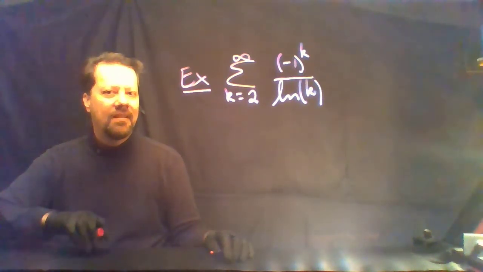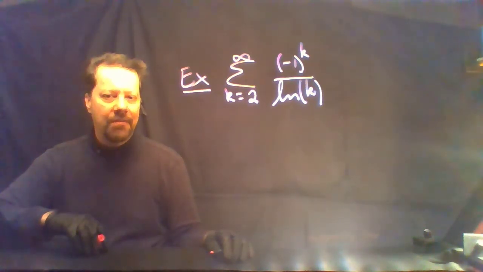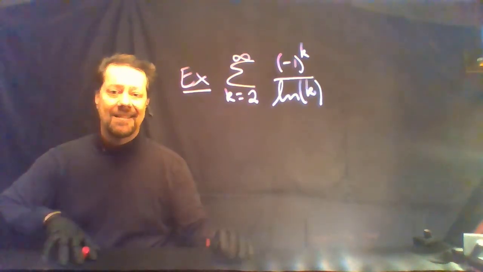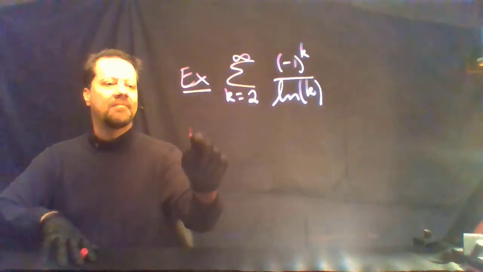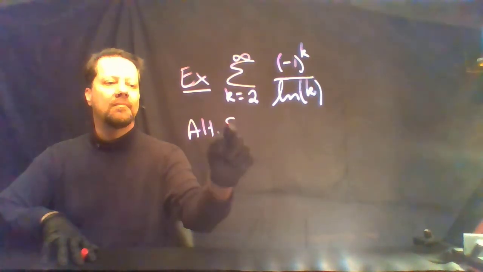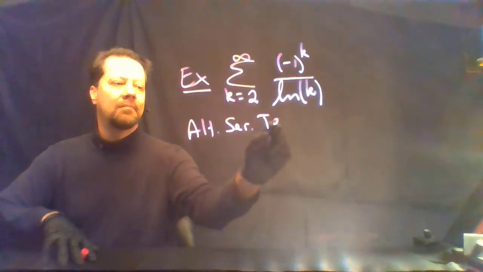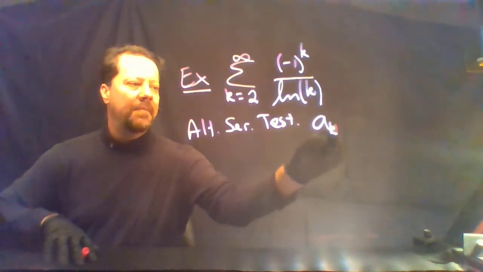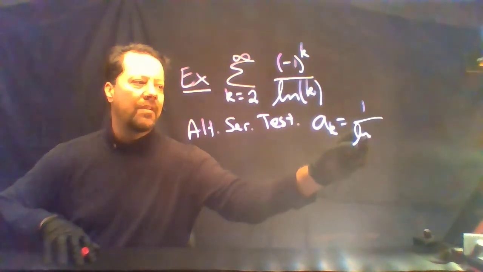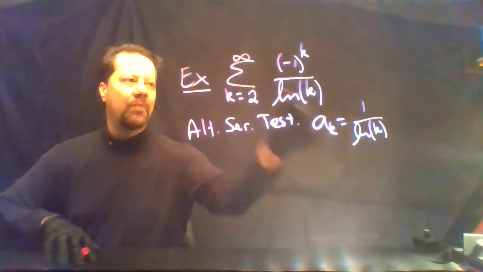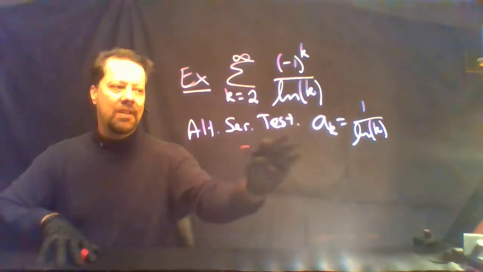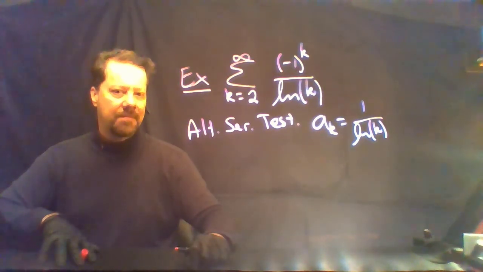So, to show that this series converges, we can use the alternating series test, the best test on the planet. a sub k in this case is 1 over the natural log of k. We leave this off when analyzing these series using the alternating series test.